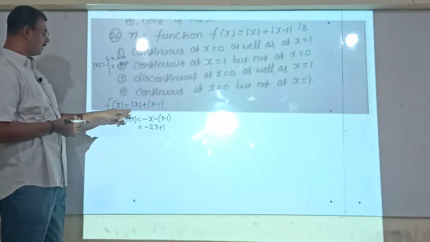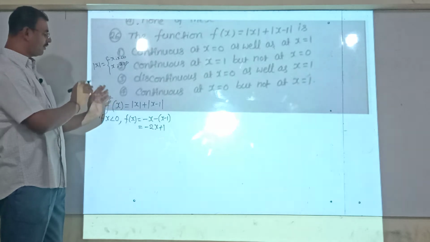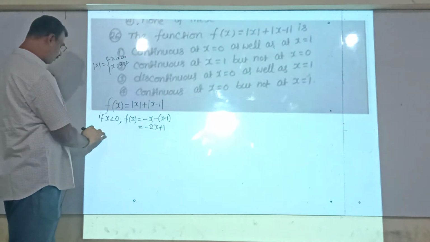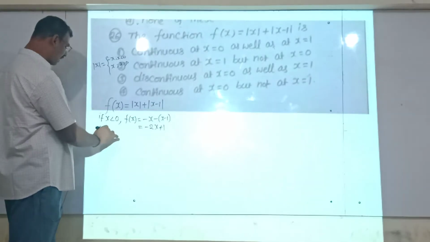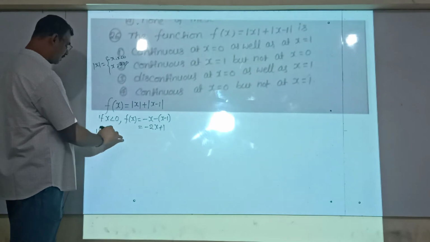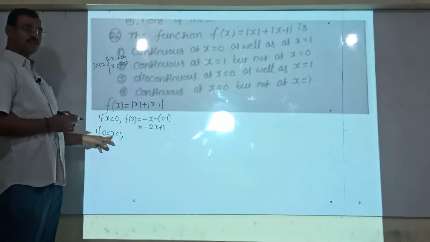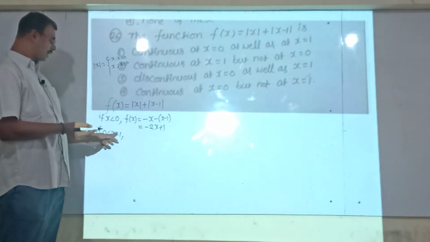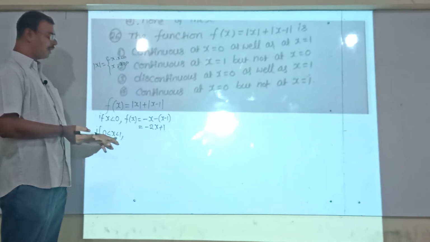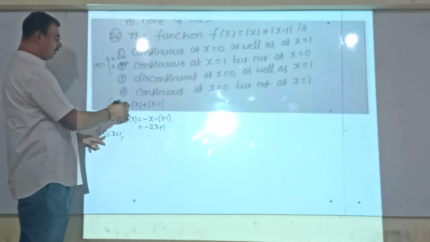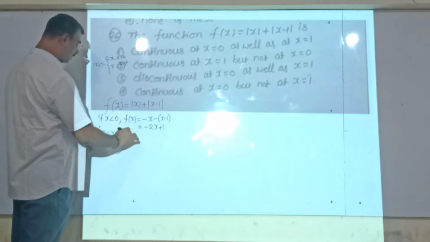Next one, here x equal to 1 is also there. So between 0 and 1, observe. If x is in the interval between 0 and 1, it means what? More than 0, less than 1. Okay? When x is more than 0, mod x is always what?